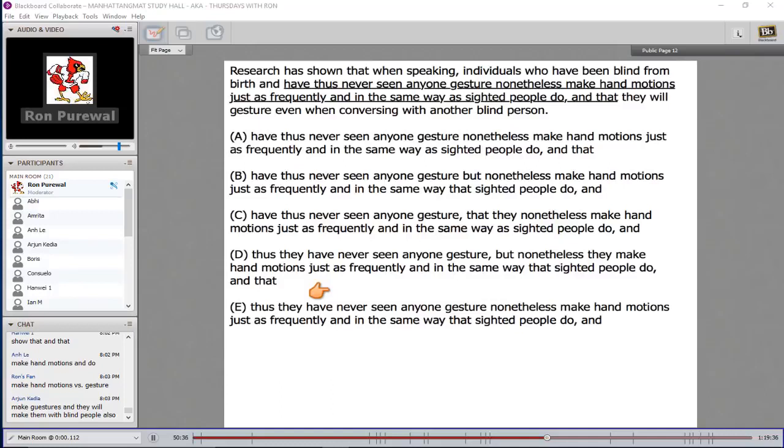What else? They make hand motions. These people do two things. One of those things is that they make hand motions. When do they make hand motions?